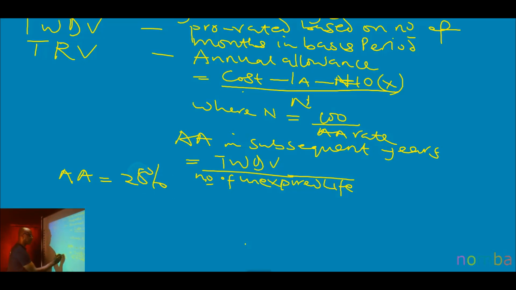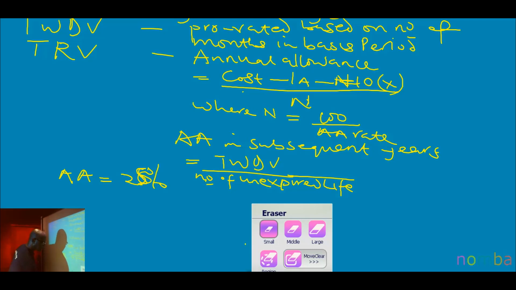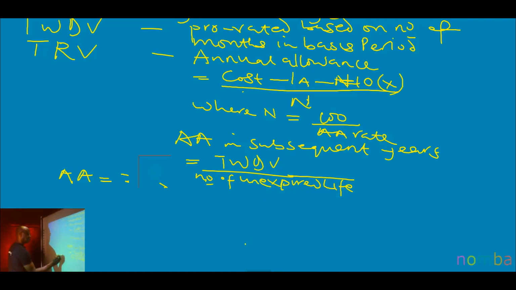You agree with me that this means that the asset has a lifespan of 4 years. Am I right? What that means is 100 divided by 25 gives me 4.